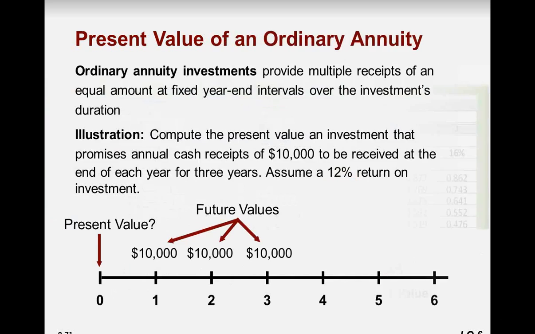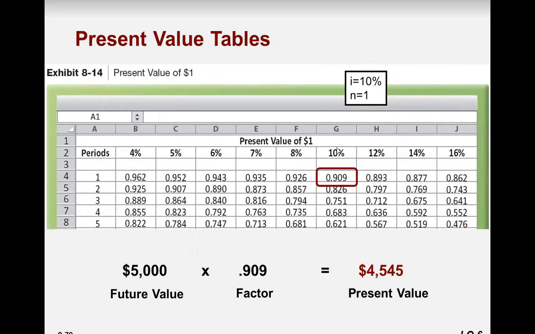Let me back up again. In this case, we had 10% interest, and it was for 1 year. If I had something that was going to be 7% interest for 3 periods, it would be a factor of 0.816.